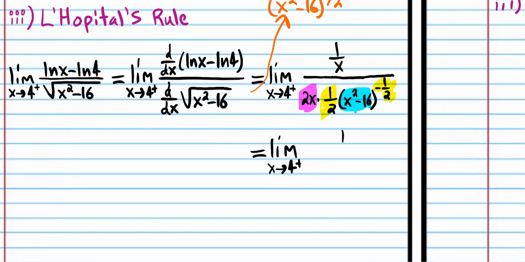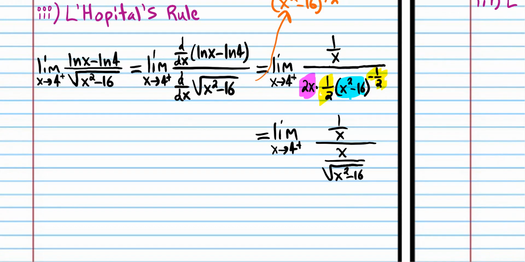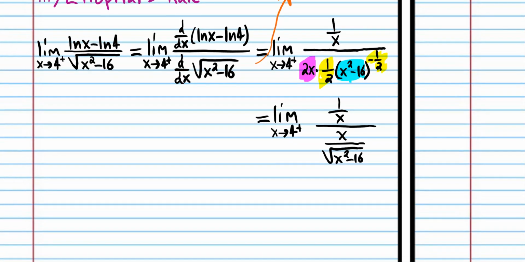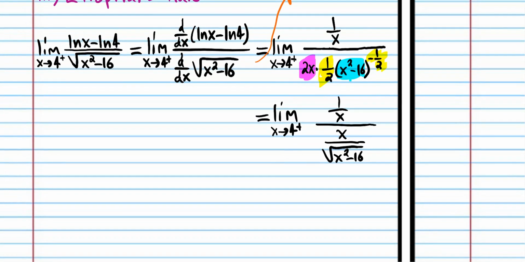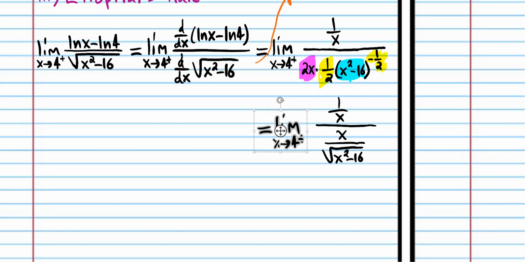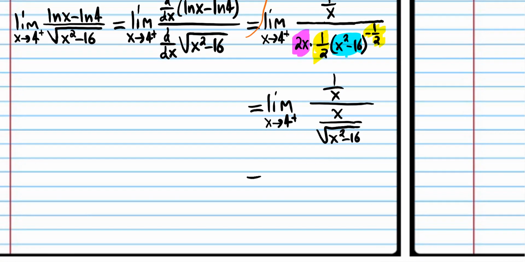Okay, so if we simplify, we have in the denominator x over the square root of x squared minus 16. That's a complex fraction.